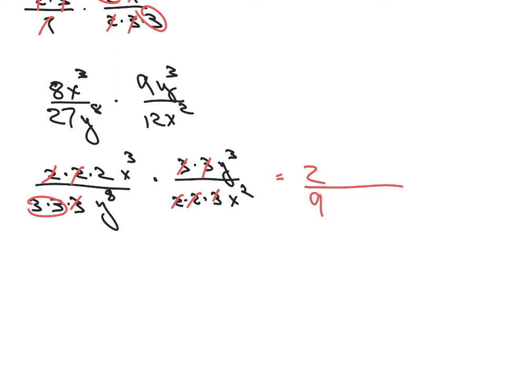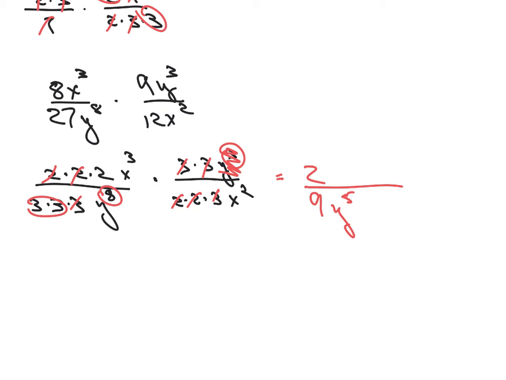Okay, now let's see what else we have. We have a 3 here and an 8 here. So we have 5 down here once we cancel all three of these with 3 of these 8. And we have 3 x's and 2. So instead of 3 x's and 2 x's, we have 1 left over up here.